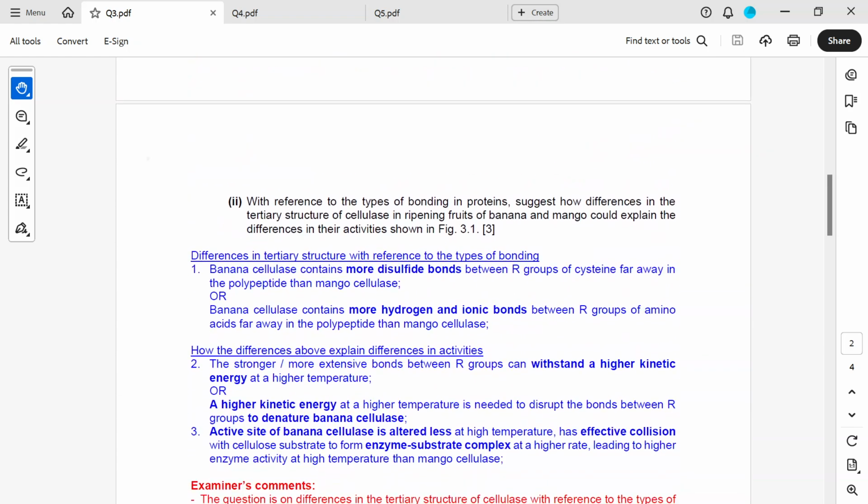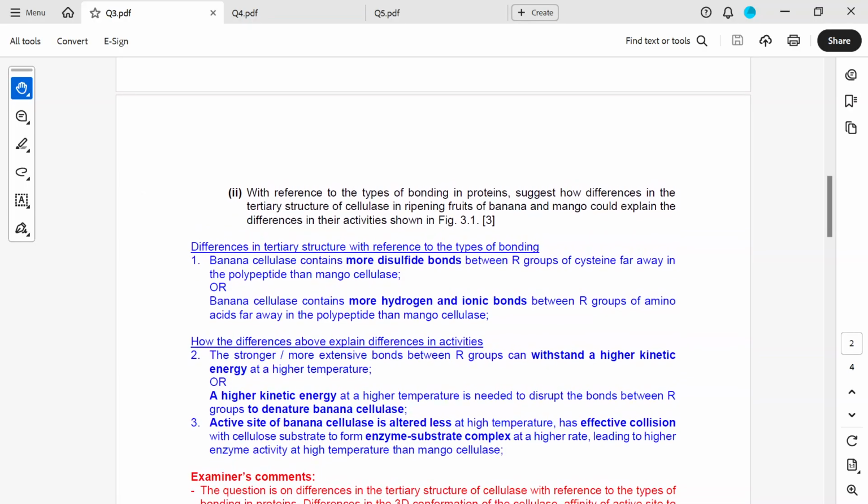Then for part 2, let's break down the question a bit first. The question is with reference to the types of bonding in proteins. So remember, this is about types of bonding in proteins: how differences in tertiary structure of cellulase could explain the differences in the activity shown in figure 3.1. So when you are talking about the differences in the tertiary structure, it is with reference to the types of bonding.